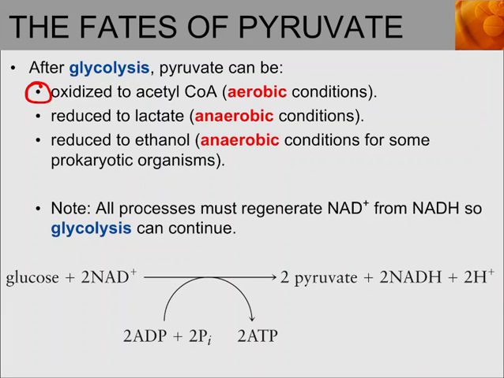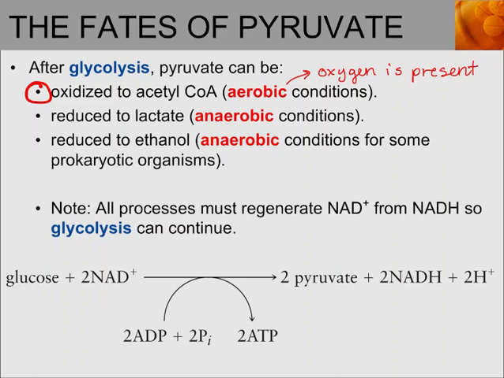This would occur under what are called aerobic conditions, where oxygen is present. Now this makes sense, right? Because if pyruvate is oxidized, that should mean that there's oxygen present. Not always, but typically.